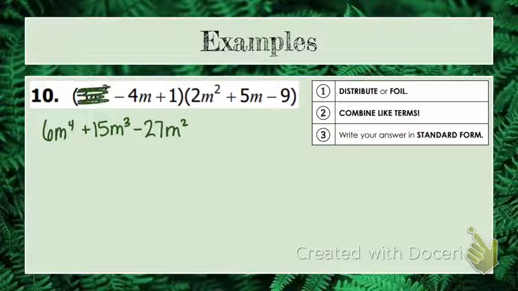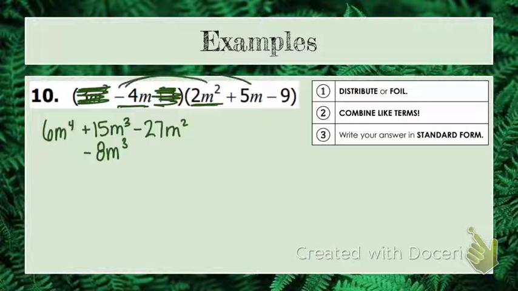So now we want to distribute the negative 4m. So negative 4m times 2m squared is going to give us negative 8m cubed. So instead of writing this all out to the side, I'm going to find where I have another m cubed, and I'm going to write that below it. So we have negative 4m times 2m squared, and that gives us negative 8m cubed.